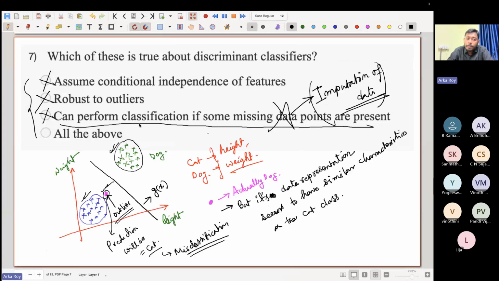So that means these conditions that they have written over here, technically none of them are the correct answer, but I don't know how they have got that robust to outlier is the correct option. So this is also not the correct answer.